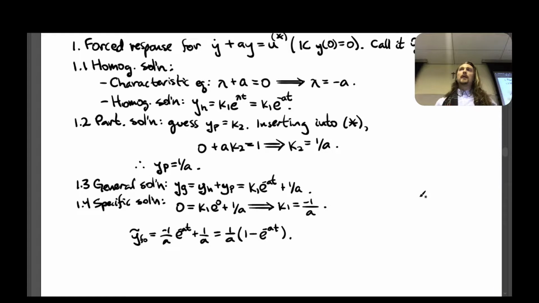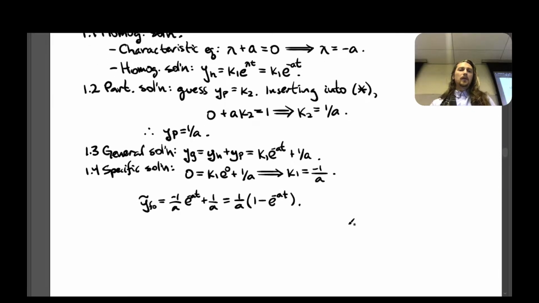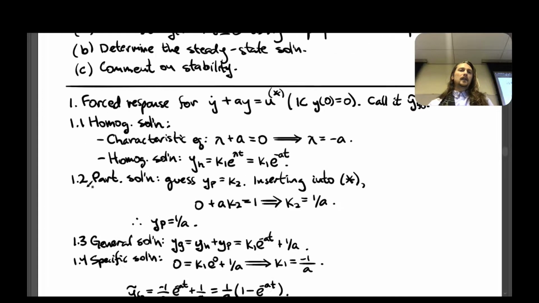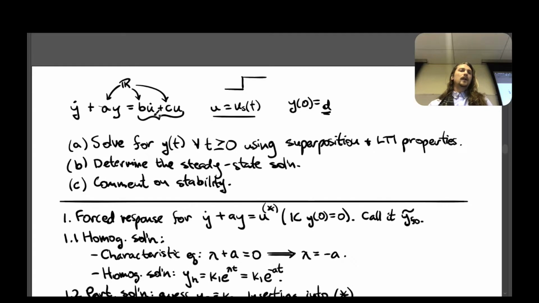So this is what happens when we have an input of a unit step function, if our entire forcing function was just that input. But of course, we also have the rest of these terms. So we don't have the full forced response yet, because the forced response includes all of this as the forcing function.